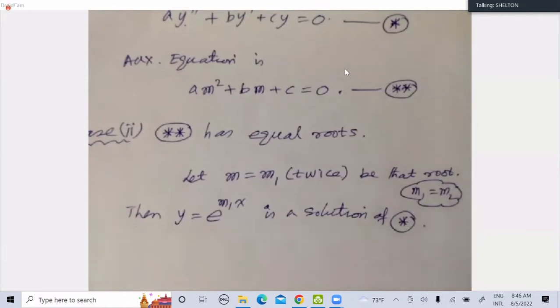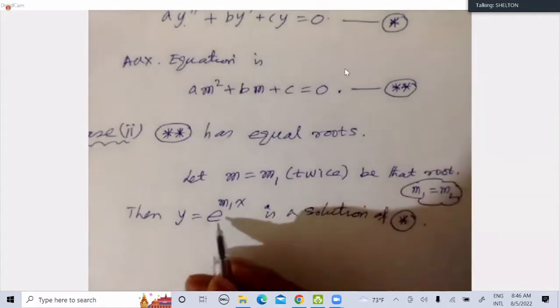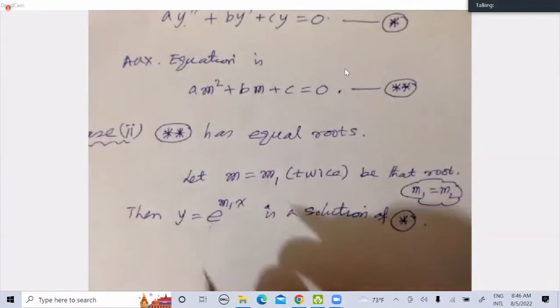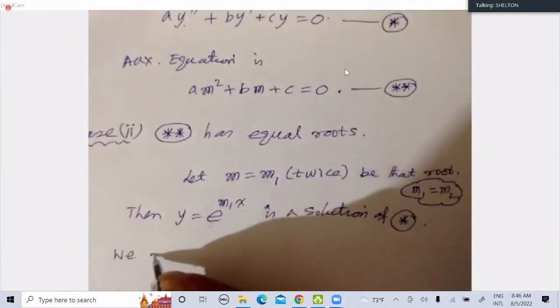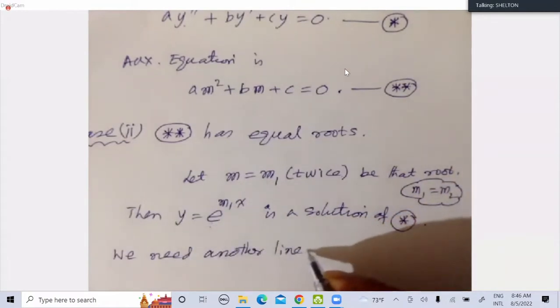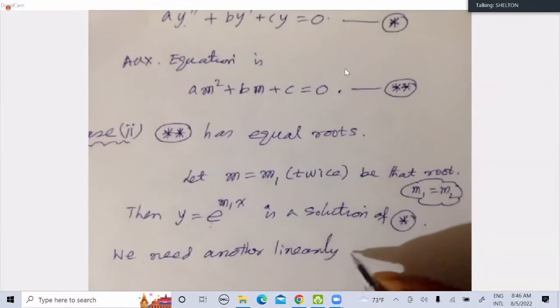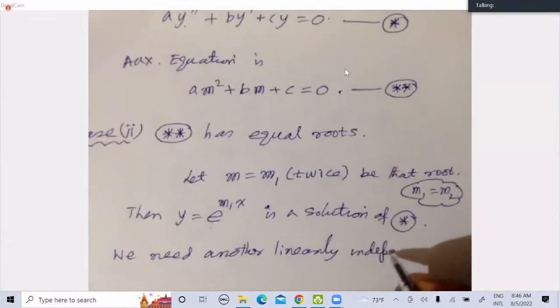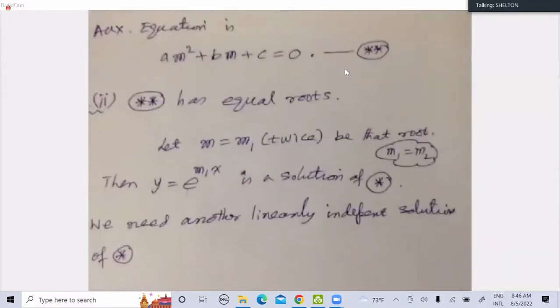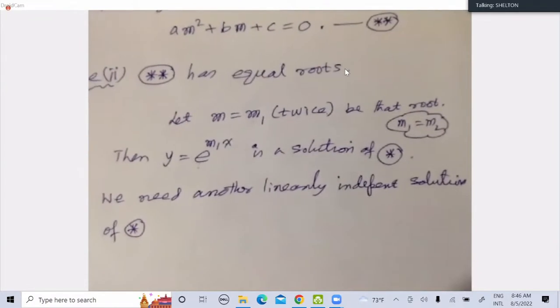Now we need another. We get only one linearly independent solution of this form. We need another linearly independent solution of star to solve the equation.